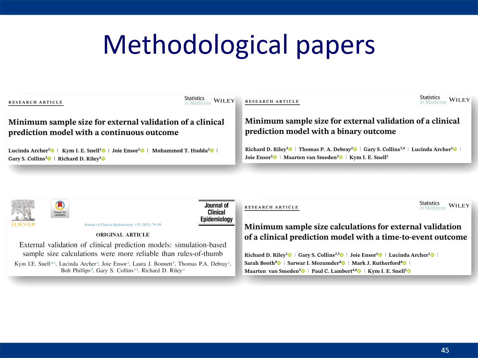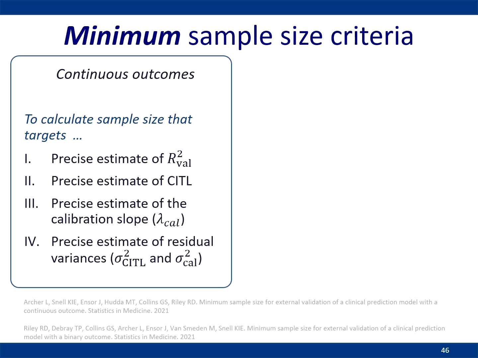Since then, we've developed a series of criteria similar to those designed for model development scenarios. So again, we have a series of criteria for continuous and binary outcome models.